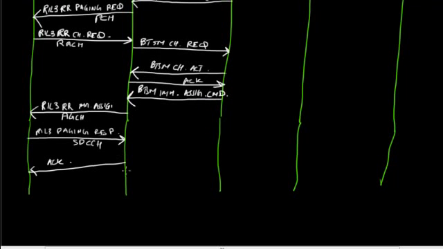now the BTS sends an establish indication message, a BTSM message, to the BSC, indicating that the radio link has been established and the layer 2 signaling has been established.